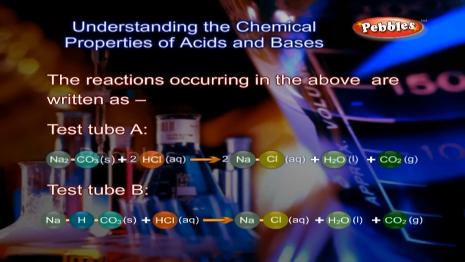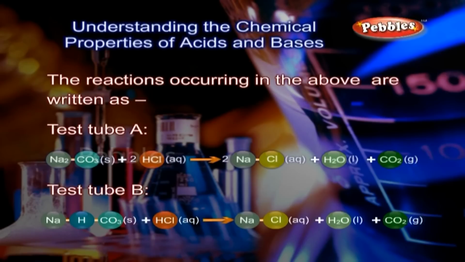The reactions occurring in the above are written as: test tube A, Na2CO3 solid plus 2 HCl aqueous gives 2 NaCl aqueous plus H2O liquid plus CO2 gas.